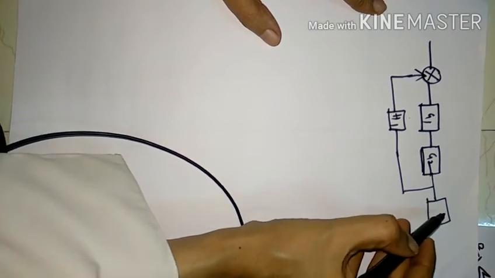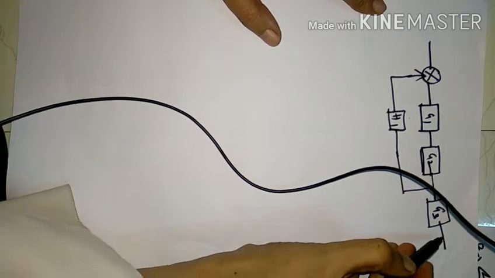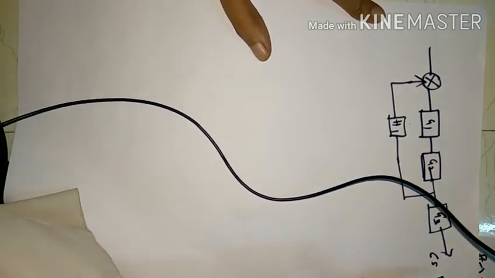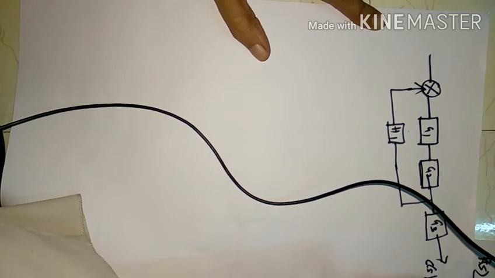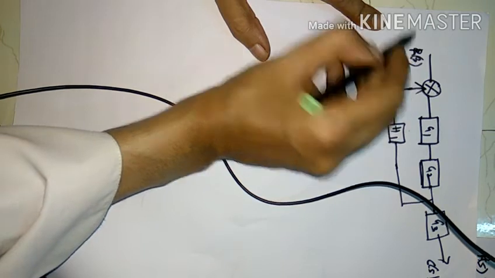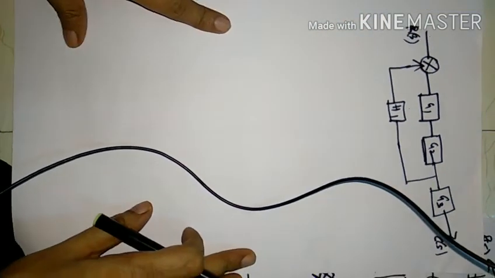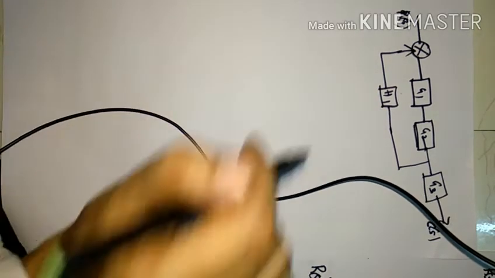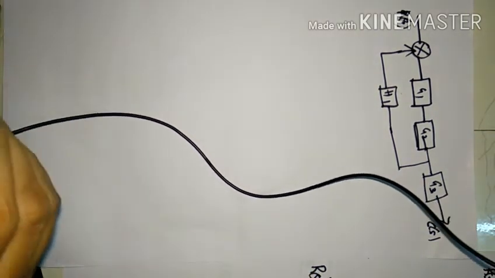This is suppose G3, and this way we have C(S), and here it is R(S). This is the diagram with G1, G2, G3, H1.